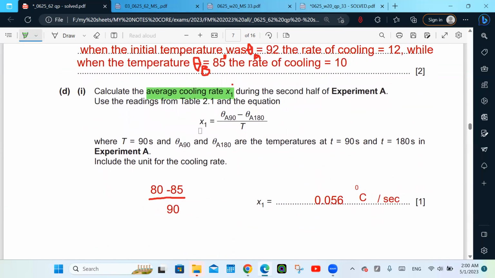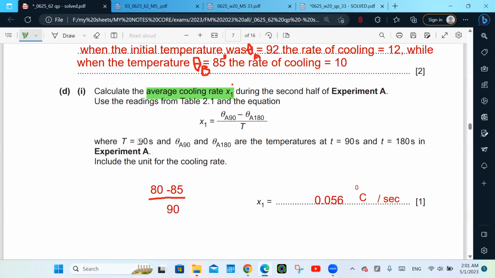So the average will be the rate of cooling, because we're asking about the average cooling rate. As I said before at the beginning of the video, the rate of cooling means the relation between the temperature and the time.